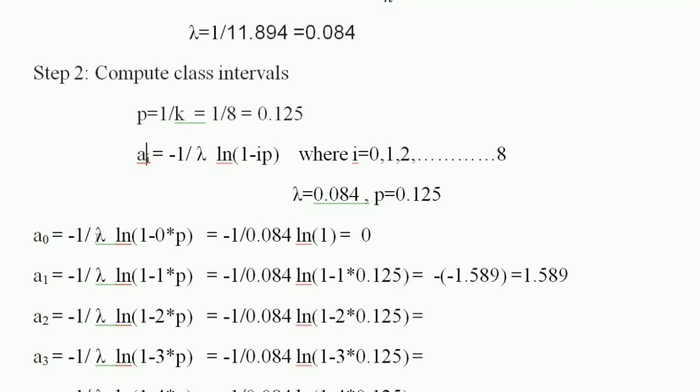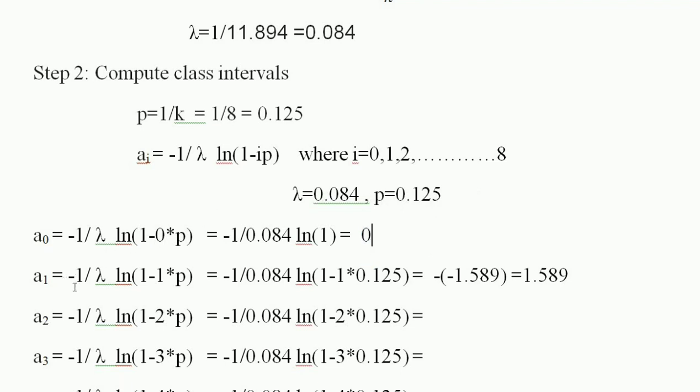Minus 1 divided by lambda, 0.084, natural log of 1 minus 0 into P. That is natural log of 1, and the natural log of 1 is 0. Multiply 0 with anything and you are going to get the first value as 0 itself. That is A0 as 0.